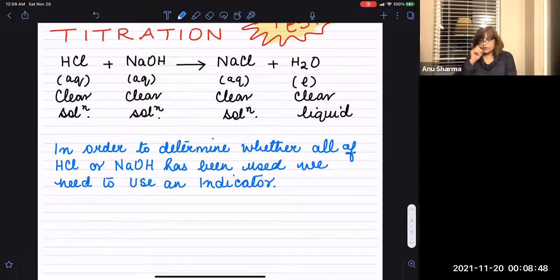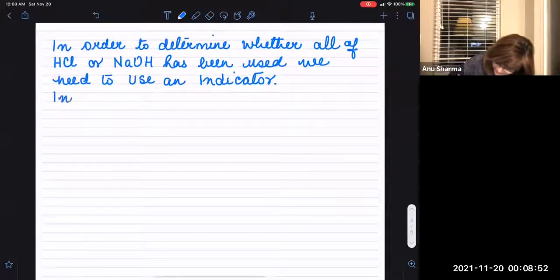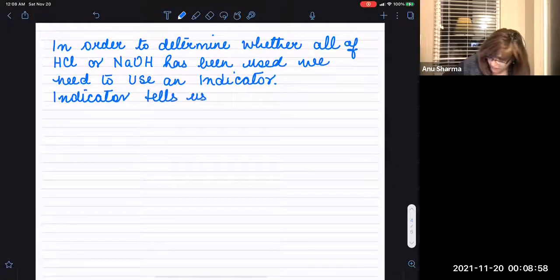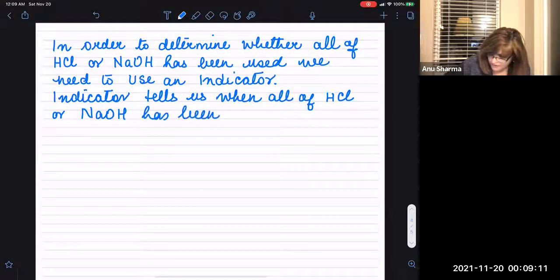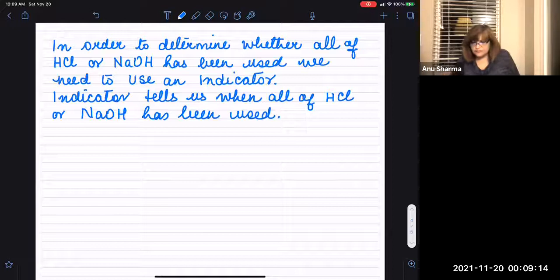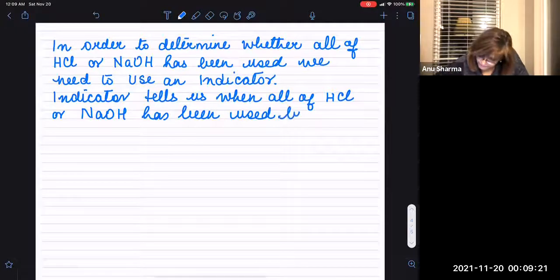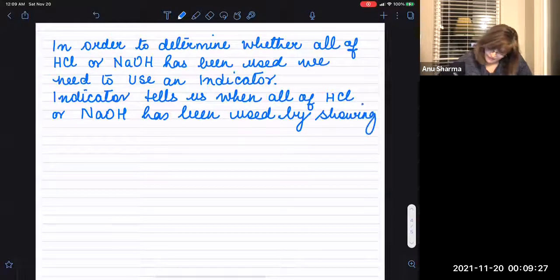So what does the indicator do? Indicator tells us when all of HCl or NaOH has been used, by showing a color change.